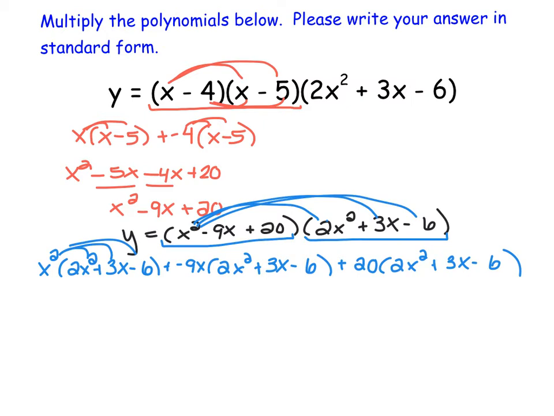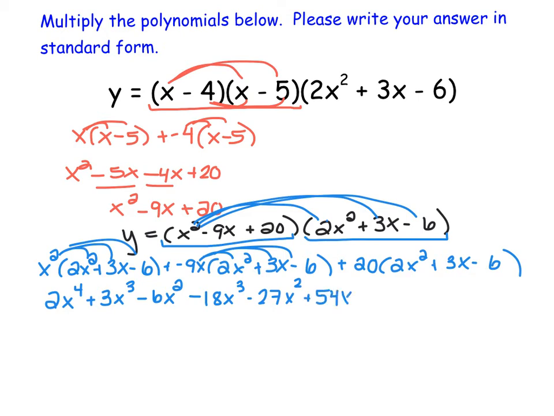So here, if I multiply these two together, I get 2x to the fourth plus 3x cubed minus 6x squared. Then I take the negative 9 and I multiply it by all three values here. So I end up with negative 18x cubed minus 27x squared plus 54x.